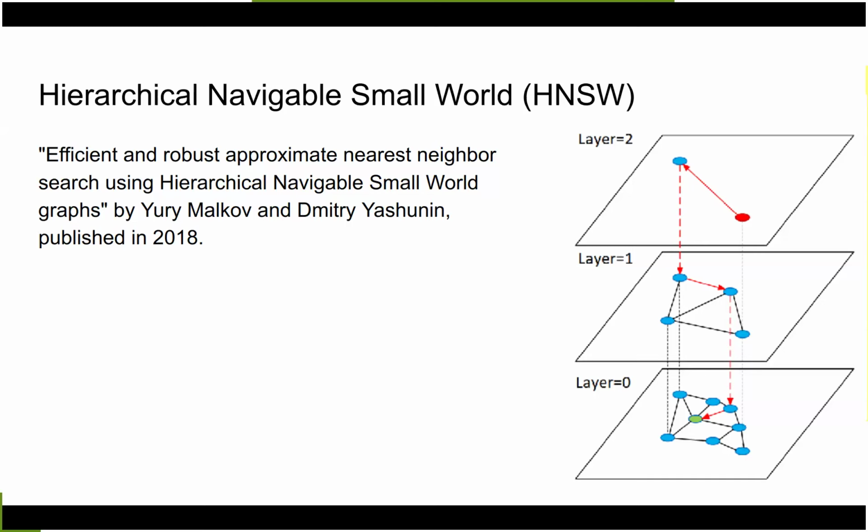It basically consists of different layers, and each layer has exponentially smaller number of nodes. So the top layer in this case has only 2 nodes. Layer number 1 only has 4 nodes. Layer number 0 has 8 nodes. So top layers are exponentially smaller than the layer on the bottom.